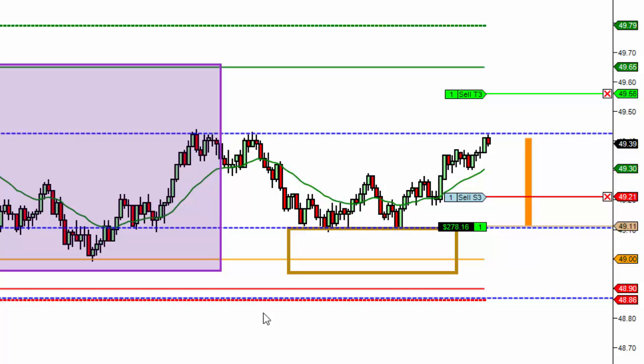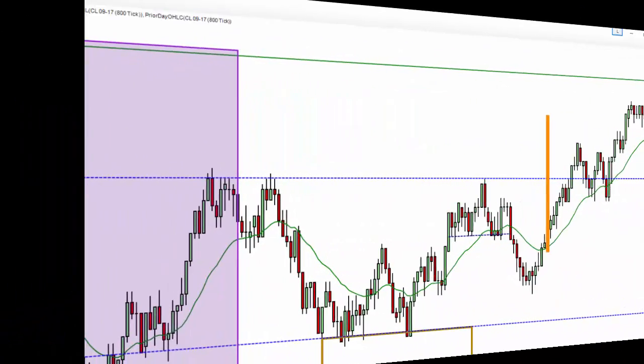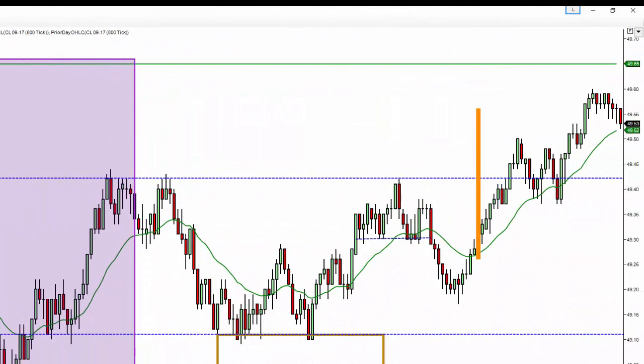However, what transpired is that we had a bit of a pullback at this area, even though I was at plus 15 ticks. Now I moved this up to plus 26 here, I think, at 49.26. I moved my stop up. I'll show this to you on the next break, and I got taken out at plus 15.